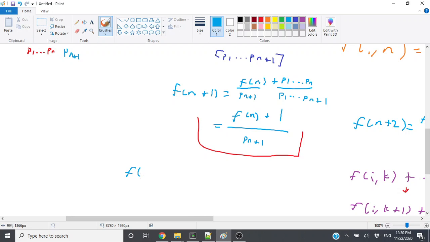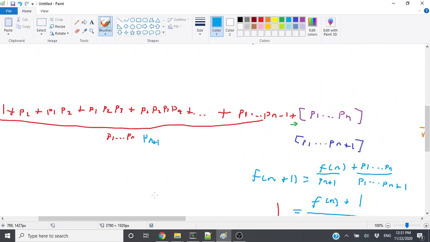So f of n plus 1 times pn plus 1 minus 1 is equal to f of n. Problem is, this is too much. Somehow it has to be some universal formula. But I mean, we have this formula here.